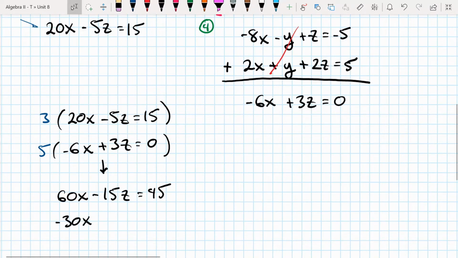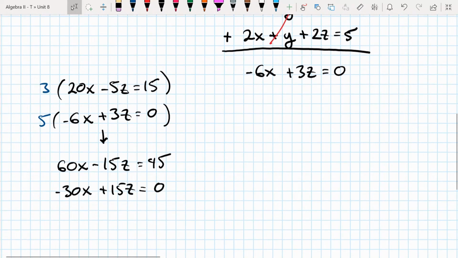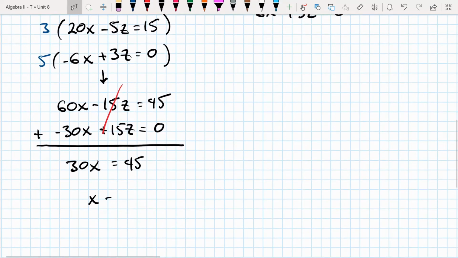Negative 30x plus 15z equals 0. Now let's add these together. So 30x, the z's will go away, equals 45. And so x is equal to 45 over 30. If we divide both the numerator and the denominator by 15, we get 3 over 2. So x is 3 over 2.